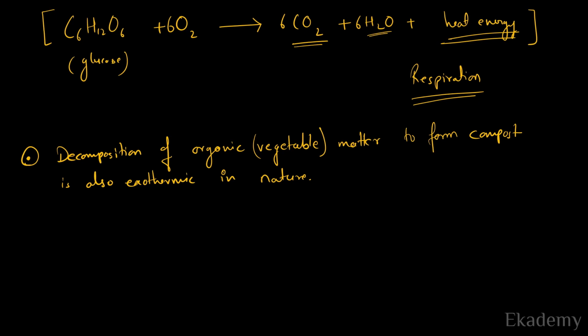Otherwise the heat liberated from this reaction may kill crops and other helpful microorganisms living in the soil. So this is all about exothermic reaction, in which heat is given out or liberated.